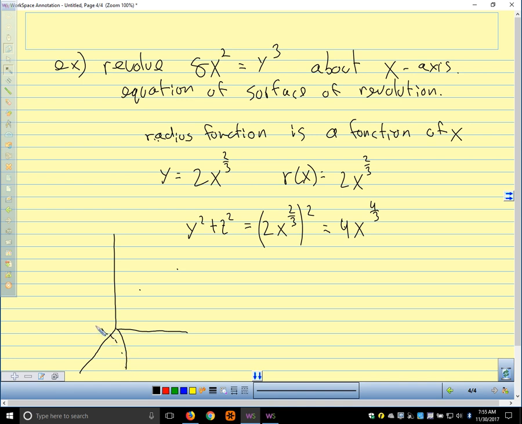So we get some strange looking shape along there, like a football. And our radius there is the y coordinate.